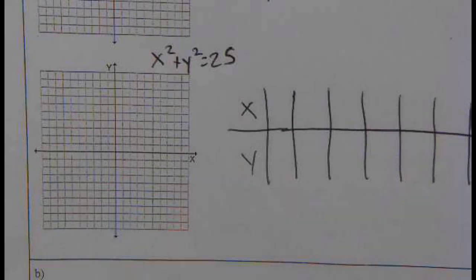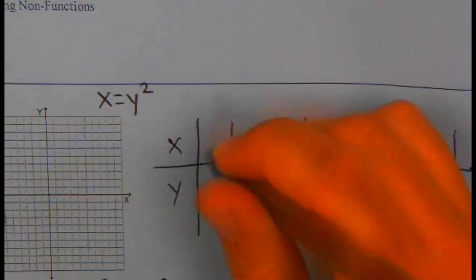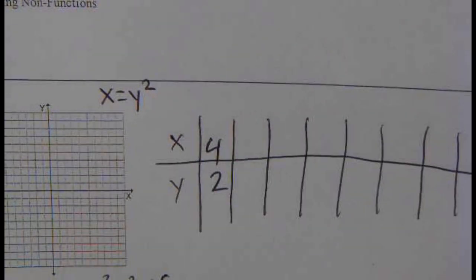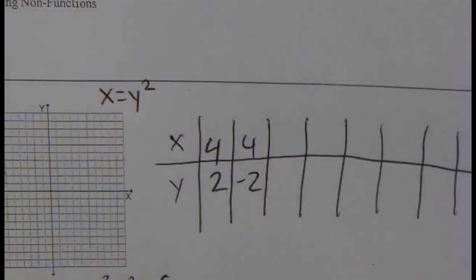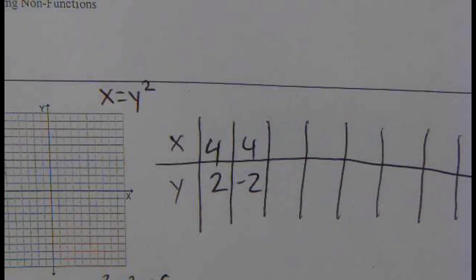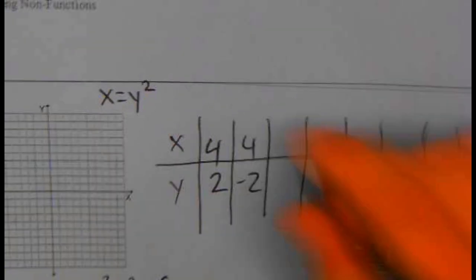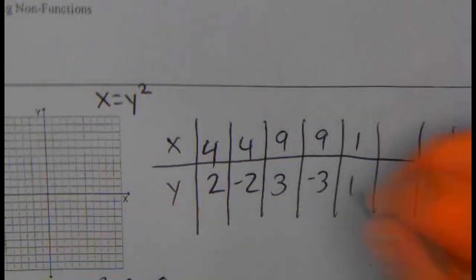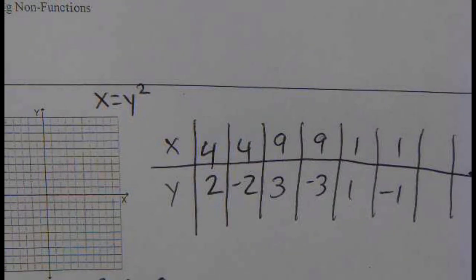So that's where the book is trying to guide you through figuring out that the square root of 4 is 2, but it's also negative 2. So for B, you would just say something like, the x answers have both a positive and negative answer, right? Something like that. The square root of 9 is 3 and also negative 3. The square root of 1 is 1 and also negative 1, and that's why it's a sideways parabola.